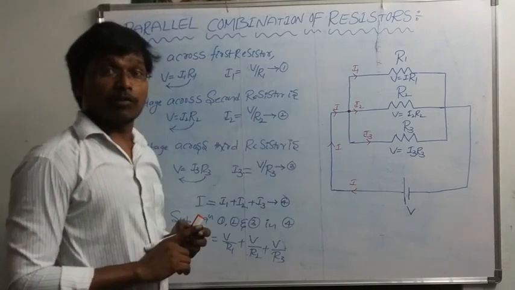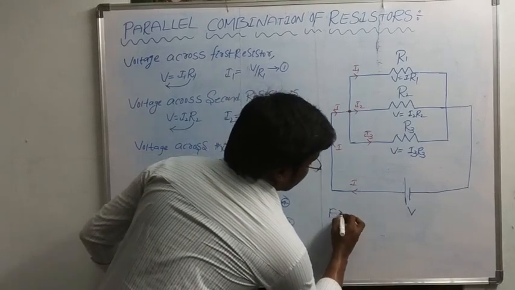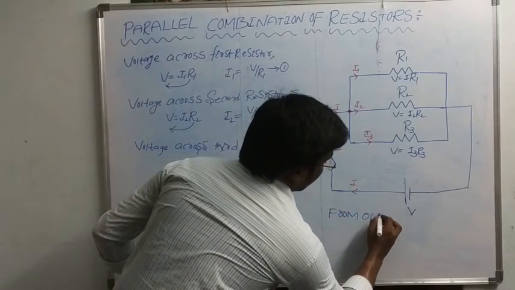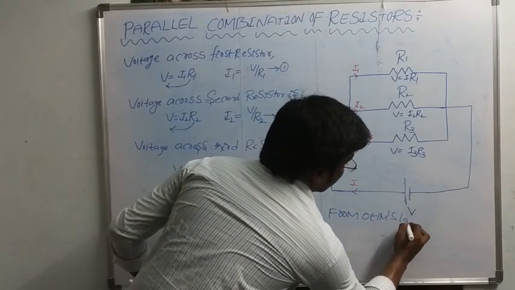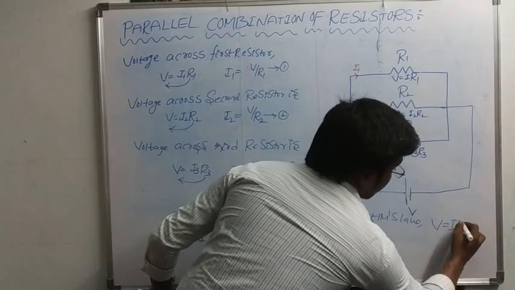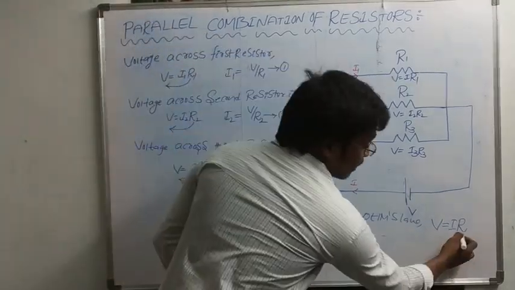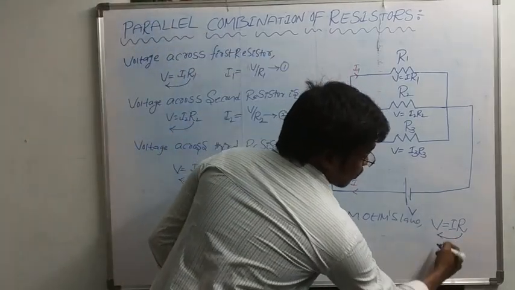Now after that, from Ohm's law, what is the expression of Ohm's law? V is equal to IR. Sending this R to this side, what is remaining?